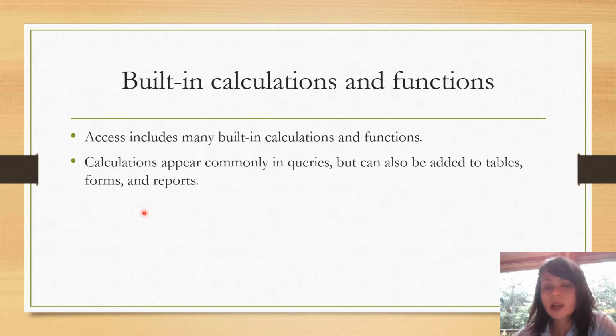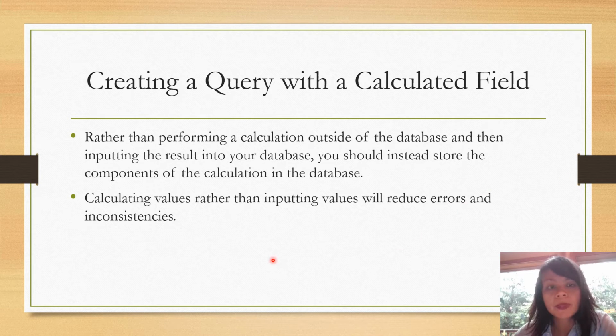Calculations appear commonly in queries, but they can also be added to tables, forms, and reports. So rather than performing a calculation outside of the database and then inputting the results into your database, you should really store the components of the calculation in the database, calculating values rather than inputting the values.